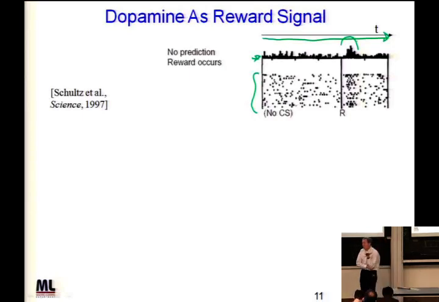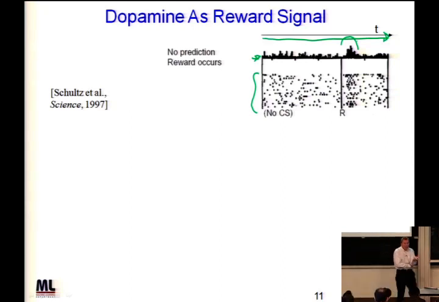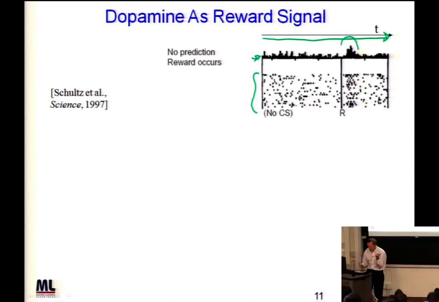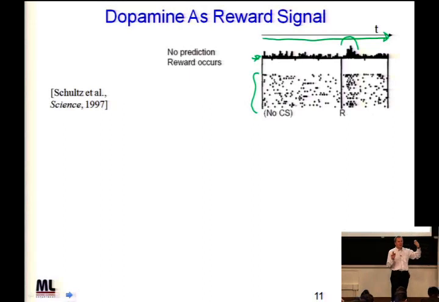Now you can see there's additional spiking here. So the question is, what's going on with this neuron? Maybe this is a neuron that's actually observing the reward. Maybe it's the sugar tasting neuron in the monkey. Okay, that's one hypothesis. But now, what if we take that same monkey and a second before we give the sugar, we flash a light?